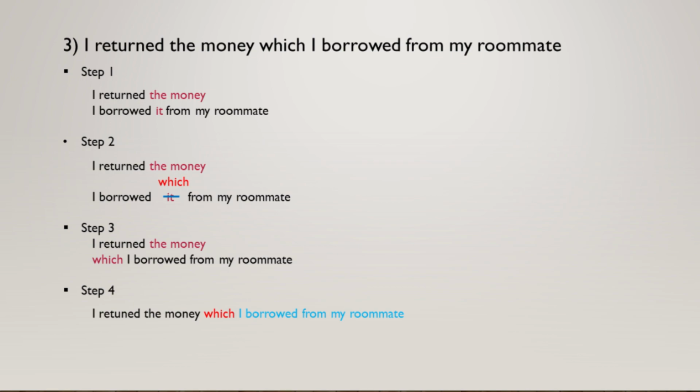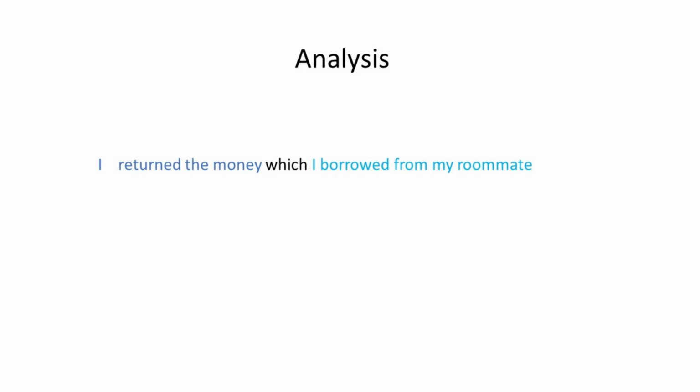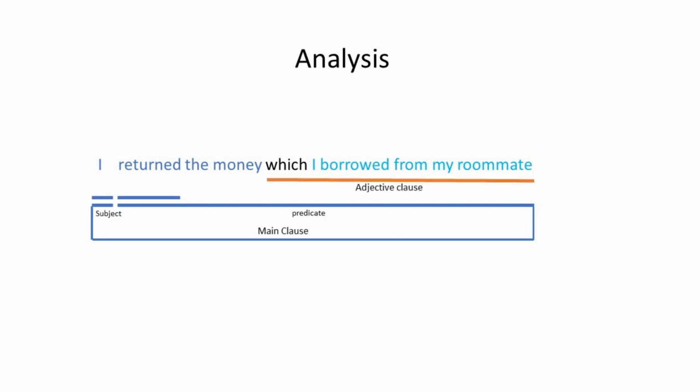Let's analyze the sentence. I returned the money which I borrowed from my roommate. I returned the money is an independent clause. Meanwhile, which I borrowed from my roommate is a dependent clause.